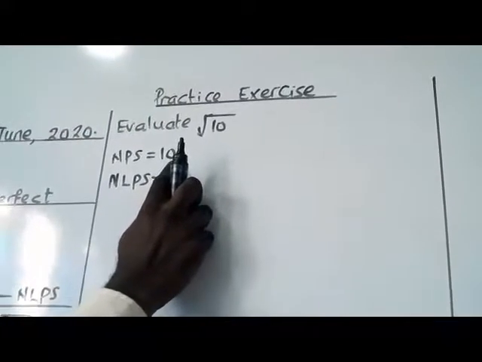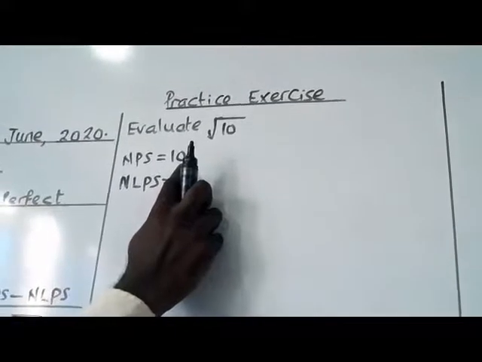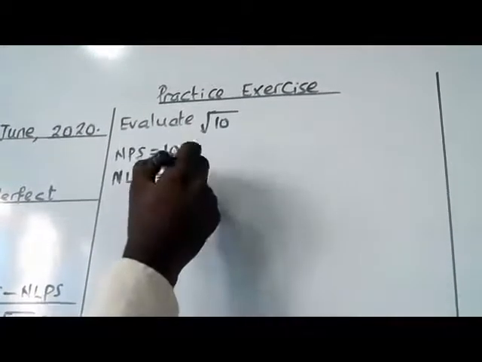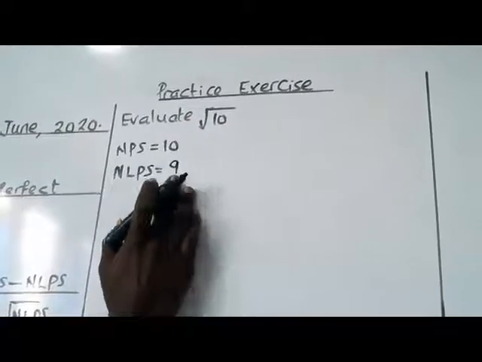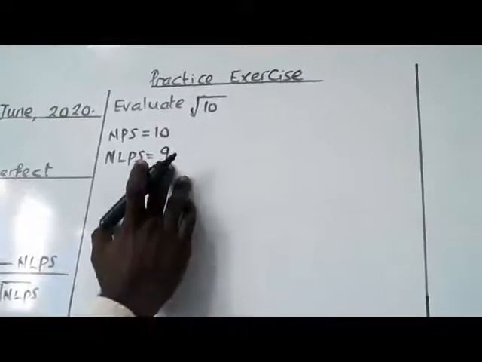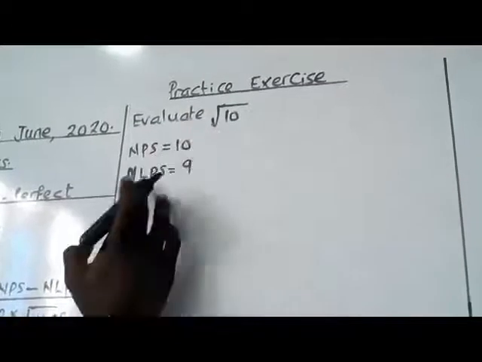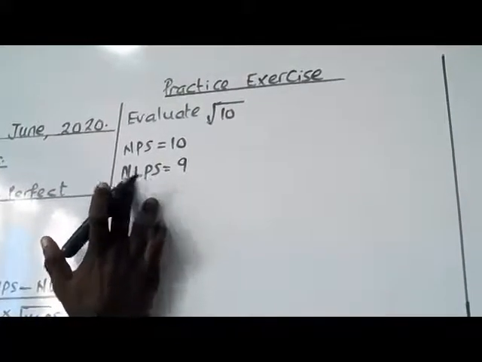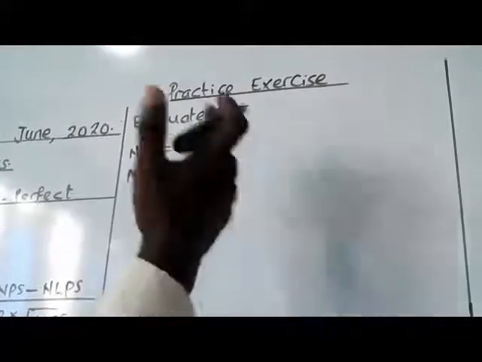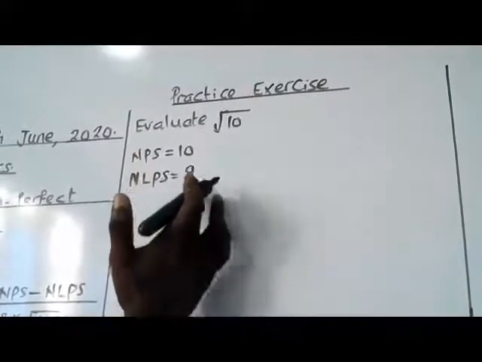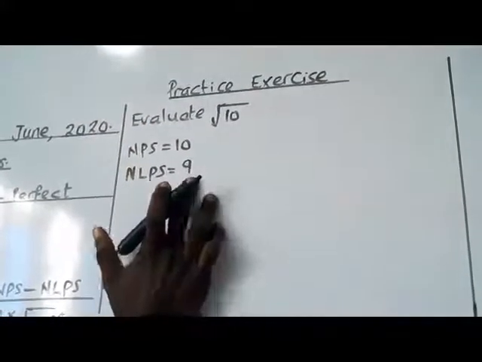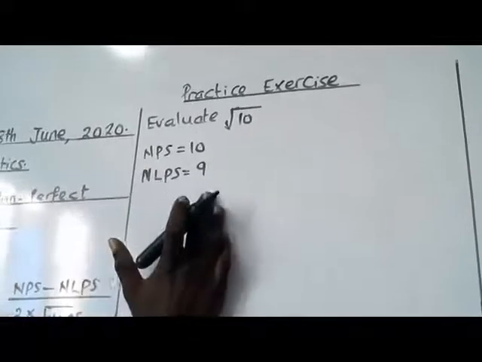Yes, I have 9. And if I pick 9 as my next lower perfect square, the next perfect square after 9 is going to be what? 16. 16 is greater than 10, that's why I stated here that it has to be lower. It has to be next lower, so it can't be more than the non-perfect square. It has to be less. So that's why I'm choosing 9 as my next lower perfect square. I hope that is very clear.